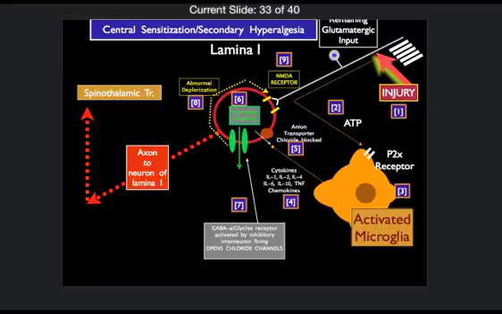But at the end of the day, these are cytokines and chemokines in some spectrum that are released, and they block the ionic pump, which causes a backup of chloride into the second-order neuron. Now, that increases intracellular chloride.